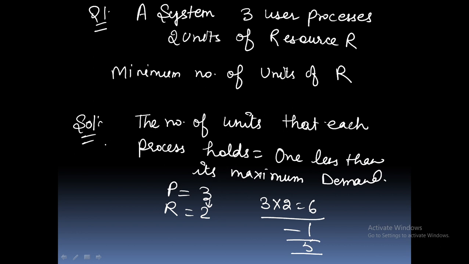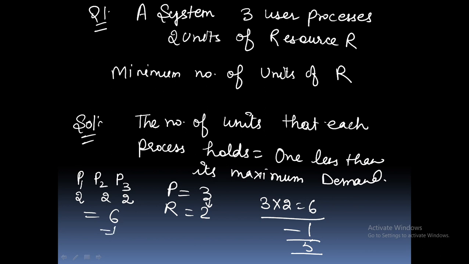There are P1, P2, P3. Each requires 2 resources, so in total 6. Each process can hold 1 less than its maximum demand.